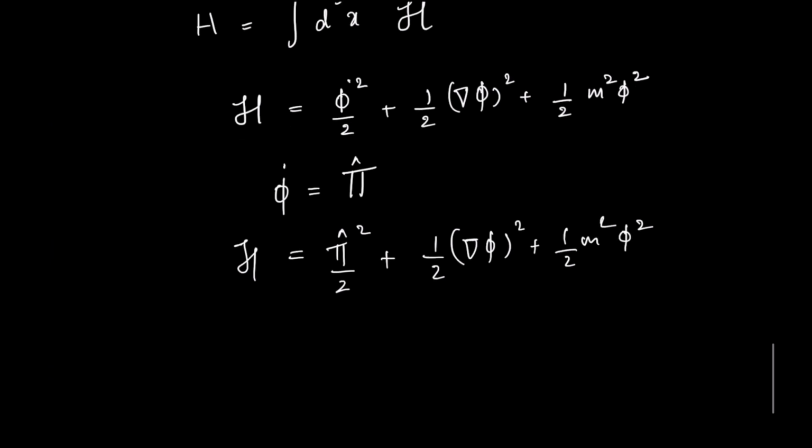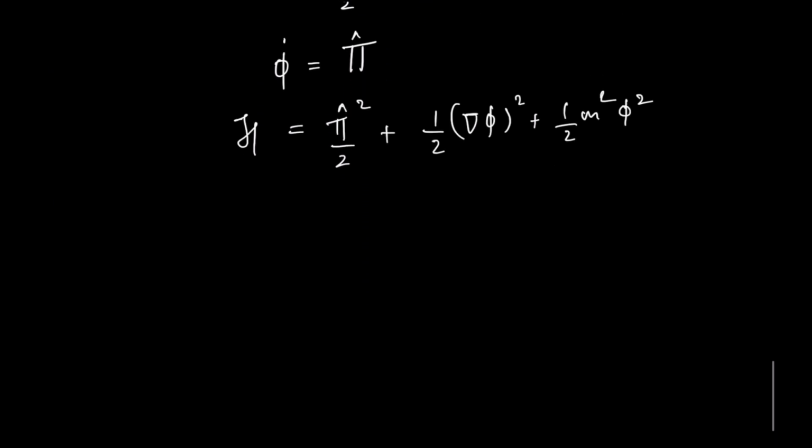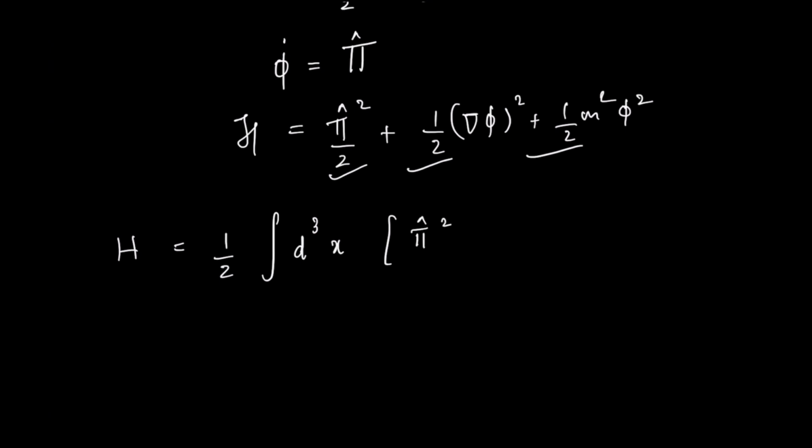Okay, so how do I get the total Hamiltonian? I have to take the integral, which means H is equal to, so I can take 1 by 2 common, integral of d cube x, pi square plus gradient of phi dot gradient of phi, that will be phi square, plus half is already outside, m square phi cap multiplied by phi cap, that is phi square.